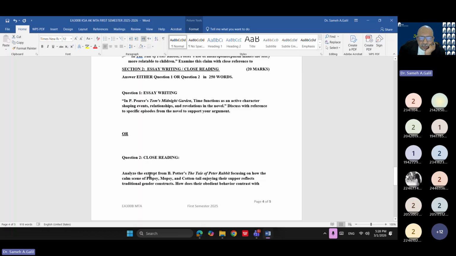the essay writing part where we have a prompt. In Tom's Midnight Garden, time functions as an active character, shaping events, relationships, and revelations in a novel. Discuss with reference to specific episodes from the novel to support your argument.